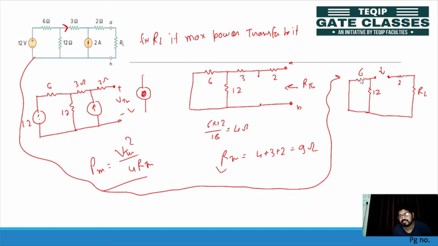This 6 and 12 will be in parallel, and the combination will be 4 ohm. So your RTH will be this 4, RL and 2 in series, 4 plus RL plus 2, and this RTH will be equal to the load resistance that you have removed, that was 3 ohm. So we put 3 equal to 4 plus RL plus 2, and from here you will get your RL.